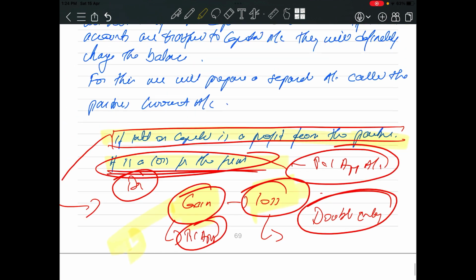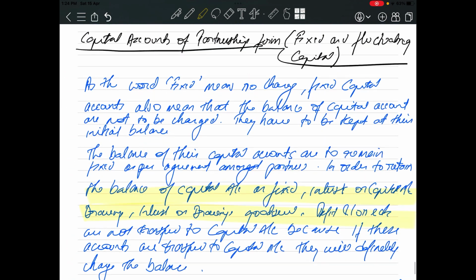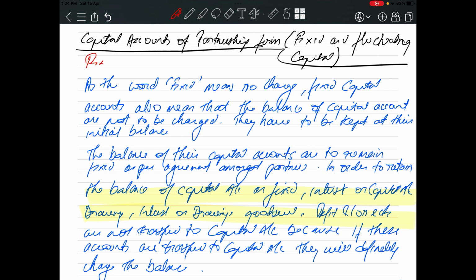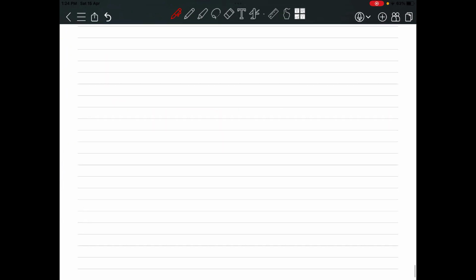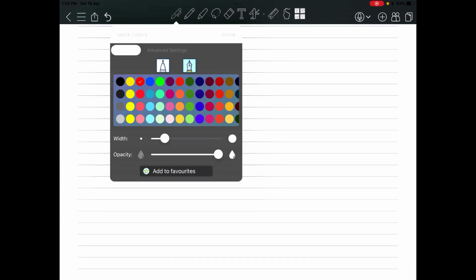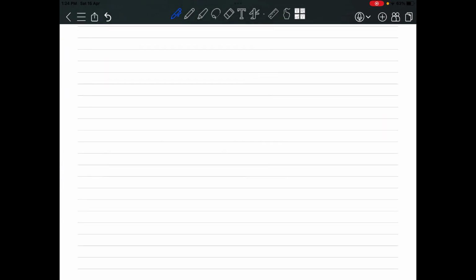Now let's sum up this fixed capital account. What do you mean by fixed capital account? If the question is saying that the partnership firm is maintaining a fixed capital account, then in case of fixed capital account, we will have to maintain two accounts.